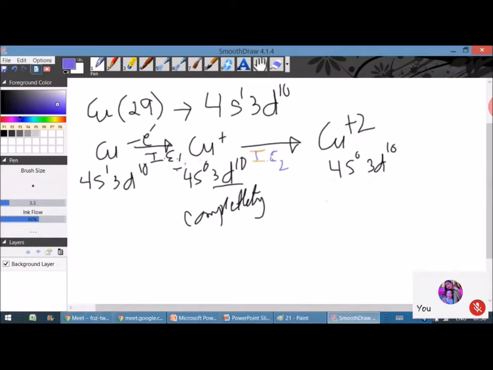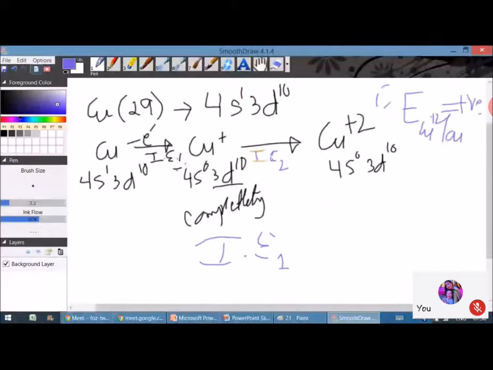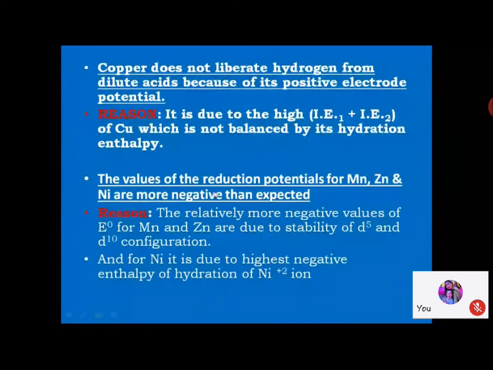So the electrode potential from Cu2+ to Cu is positive, and the reason is that the sum of the first and second ionization enthalpies is very large, and it is not balanced by hydration enthalpy; it is larger than the hydration enthalpy.